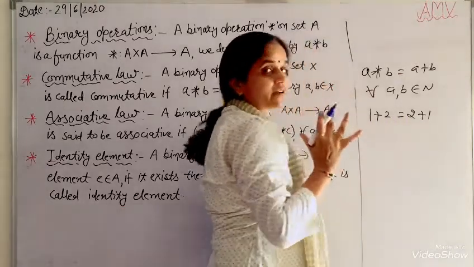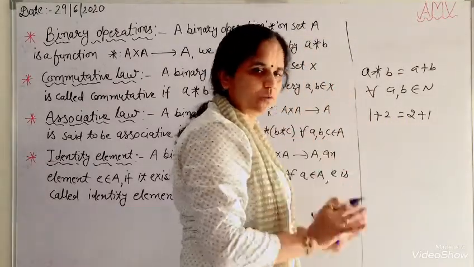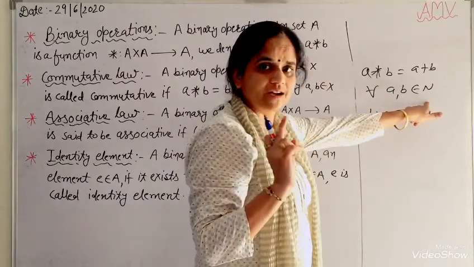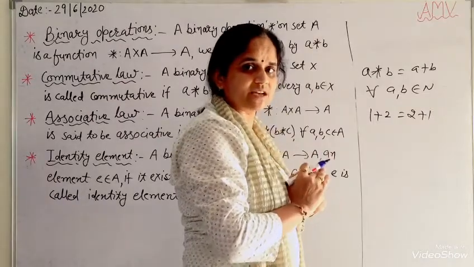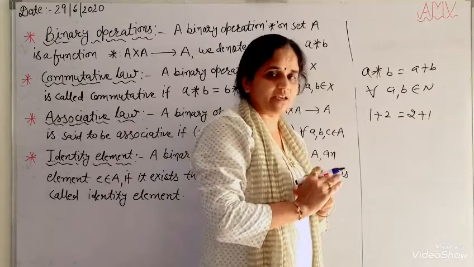So the commutative property holds for the set of natural numbers. It means a star b is equal to b star a.